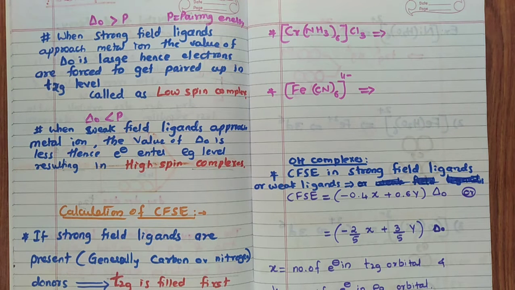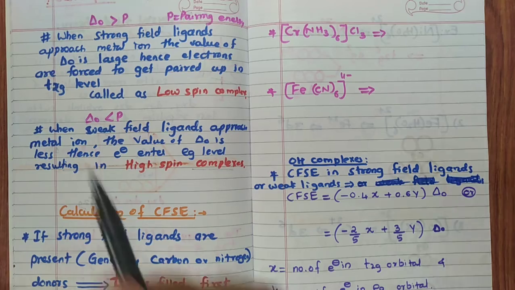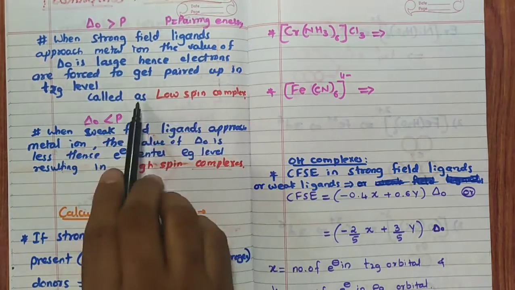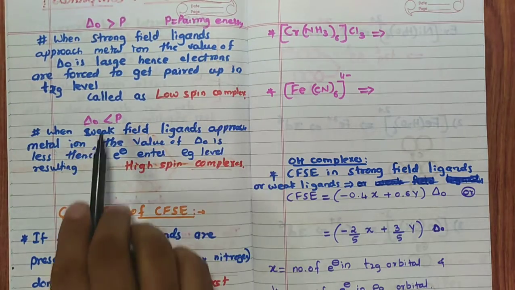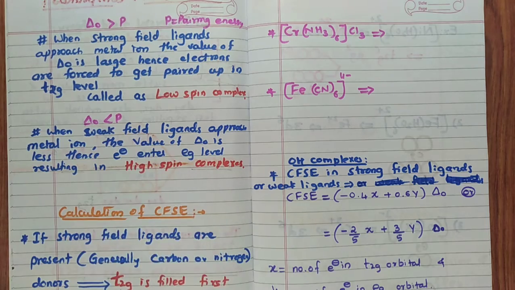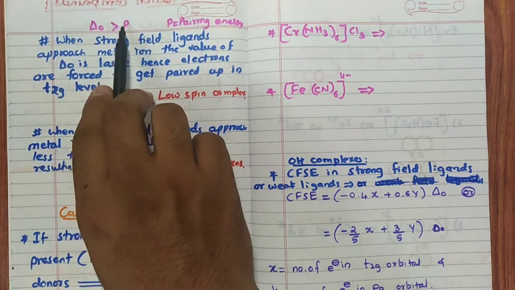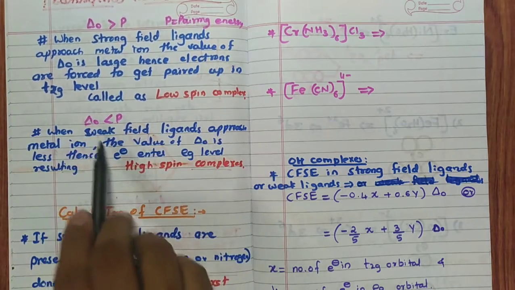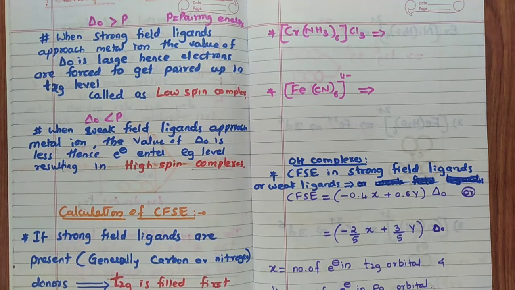So low spin and high spin complexes can be differentiated depending on the strength of the ligand. Delta naught more than P, low spin complex is formed. Delta naught less than P, high spin complex is formed. Strong ligand, low spin complex; weak ligand, high spin complex.